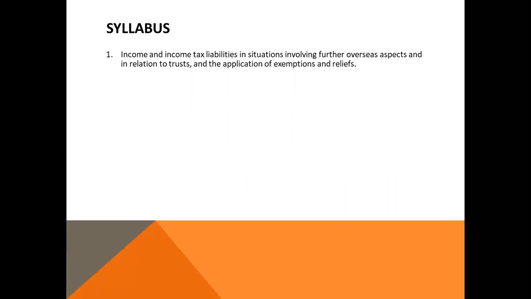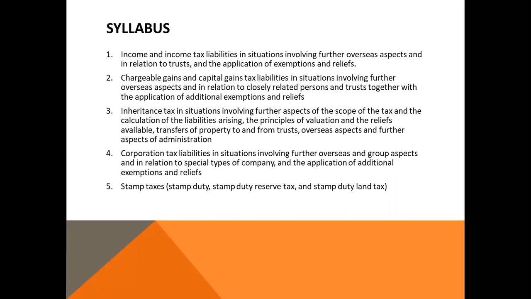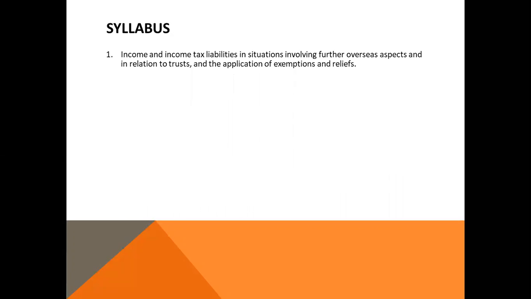Syllabus area. We can divide the syllabus into 5 main areas and 2 sub areas. Number 1 is income tax, which includes individual person tax: trading income, employment income, property income, interest income, dividend income, like an individual person's incomes.